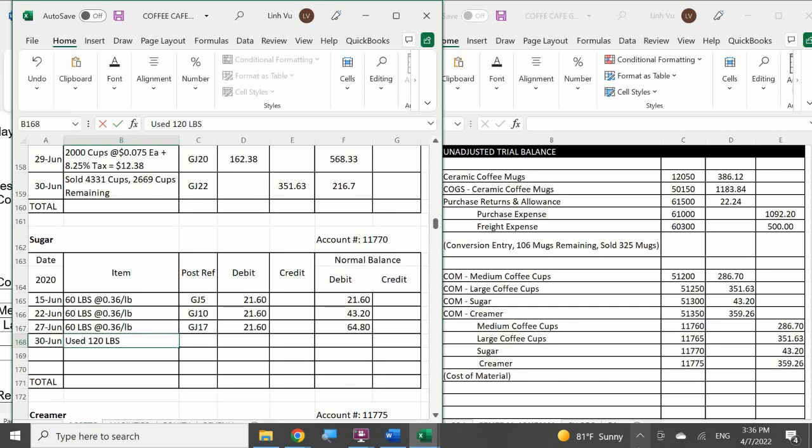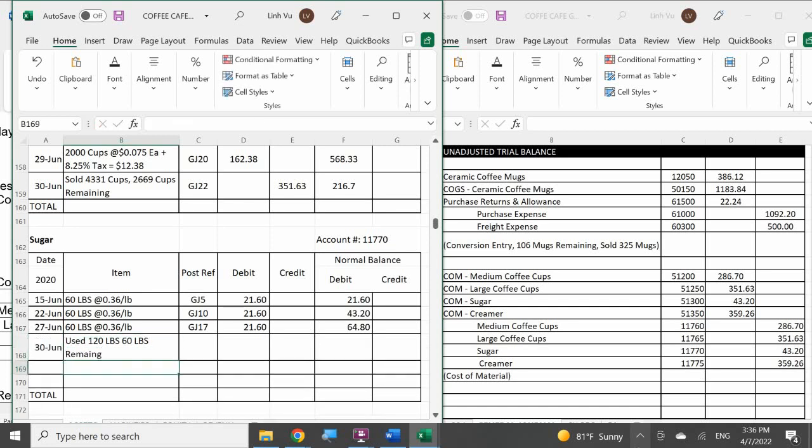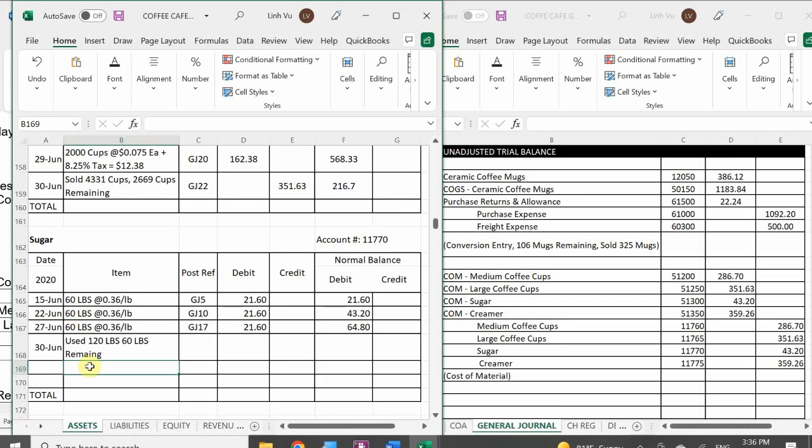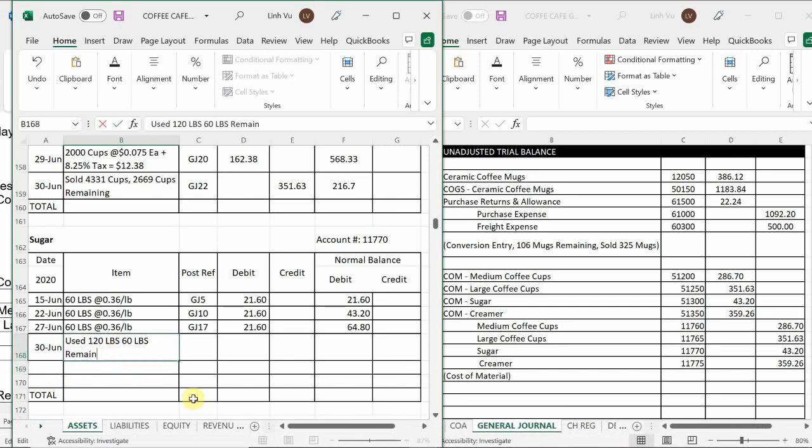So we should have 60 pounds left, which we adjusted for $43.20.